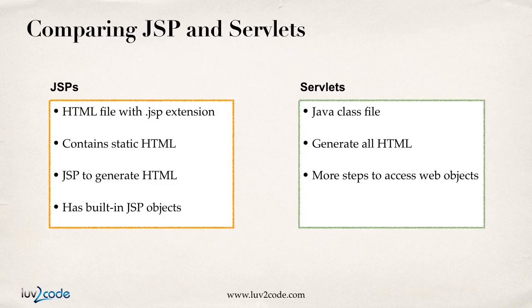It's a class that extends. We write methods. We have to write all of the code to generate the HTML. And also there's some additional steps to access some of the web objects like response.setContentType, response.getWriter, and so on. And we have to do a lot of work ourselves. So in general, it's a little easier to write code using JSPs, but there's still a purpose for servlets in the architecture.